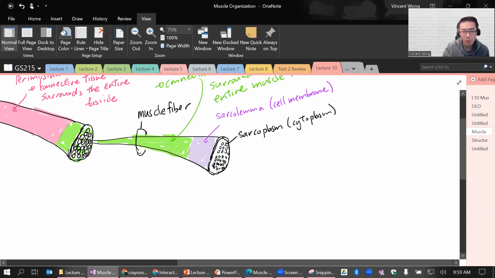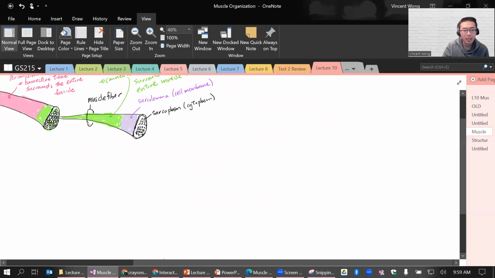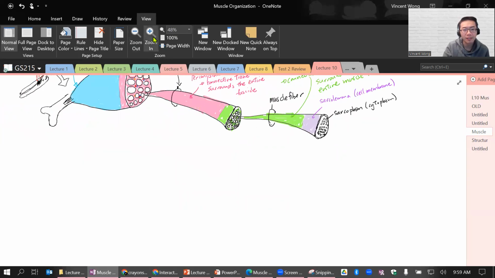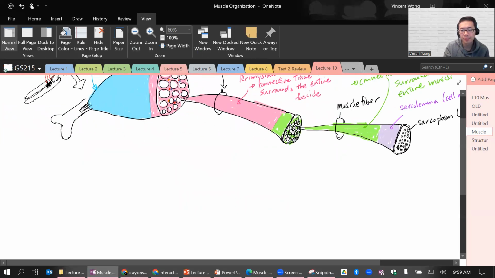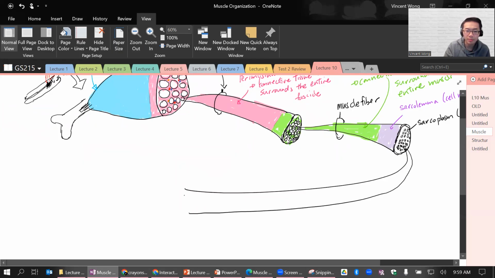Okay, we can pull one more out. I don't know how much space you have on your paper, but we're gonna go around this way just so we can have more space, okay? So this thing that I pull out, my goodness, this is called the myofibril.